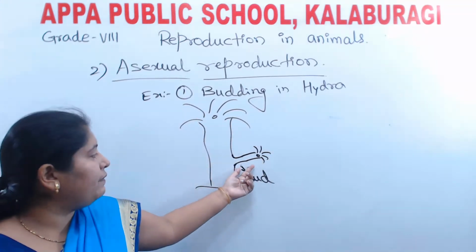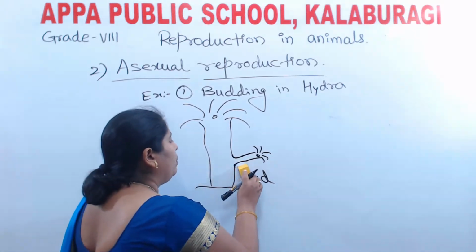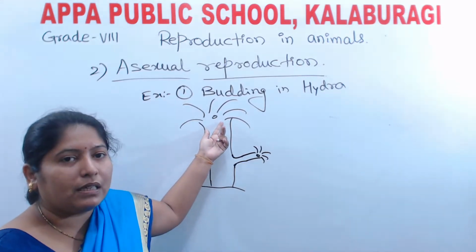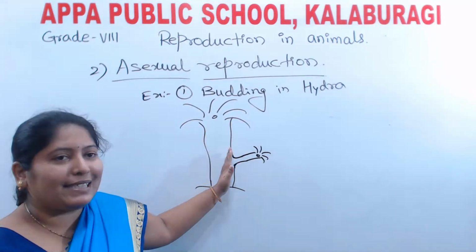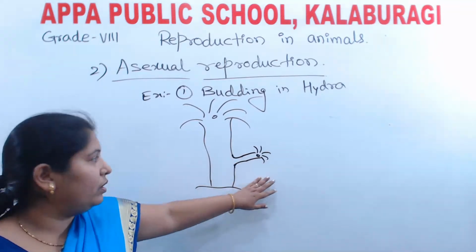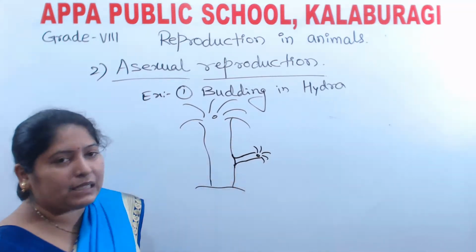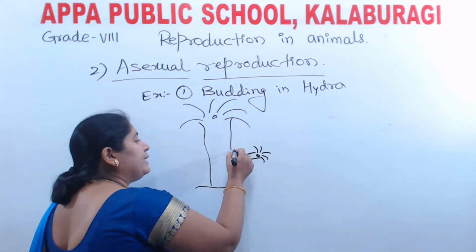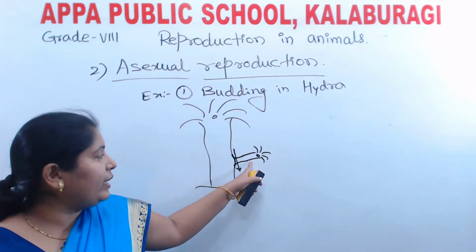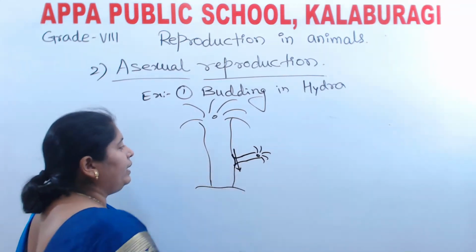This bud which was growing upon the body of the parent hydra is now resembling the parent. At this stage we can say that this growing hydra has completed its developmental stages. So now what will happen? It detaches itself from the parent body. The growing hydra now detaches itself from the parent's body.